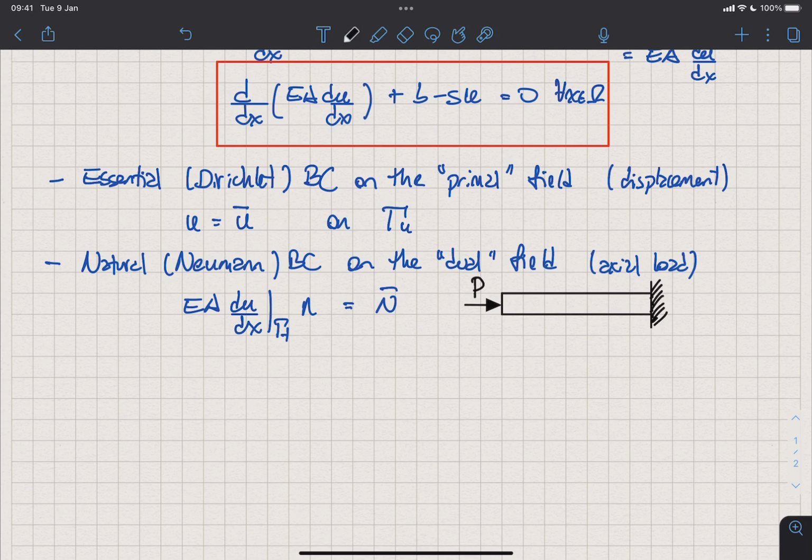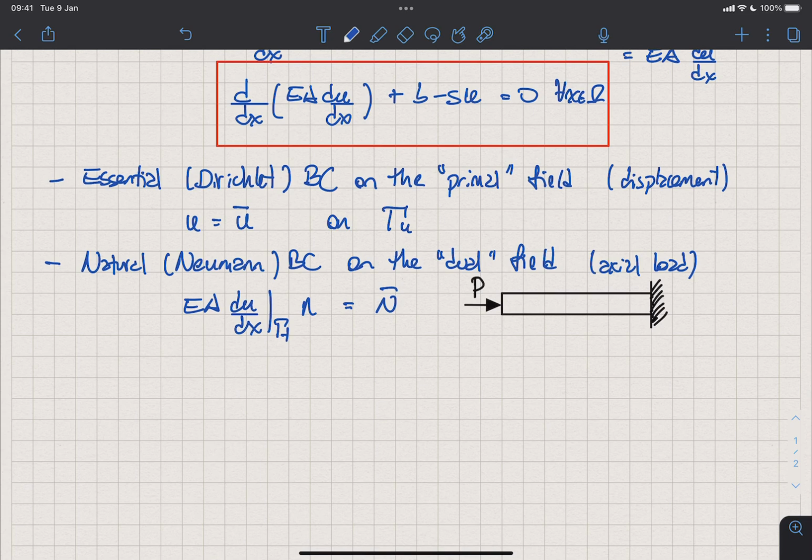Then a negative strain is caused by compression in the bar. So that's why I have this n here: if I multiply that positive force by the normal at that location, which is negative, I get the conventional negative compression along the bar. So in other words, this n is either -1 at the left or +1 at the right.